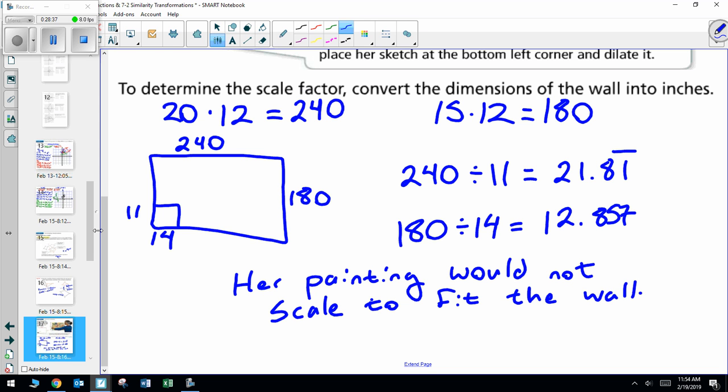So if you want to know if something would scale, that has to divide evenly the same amount of times.